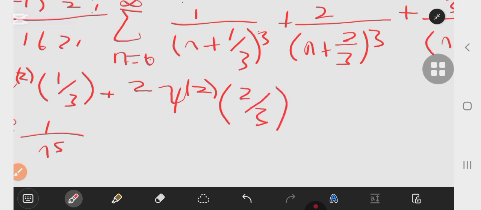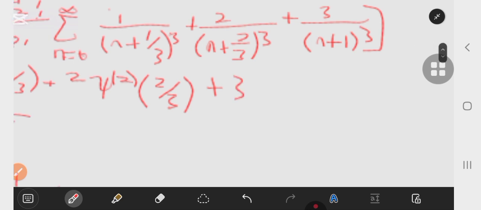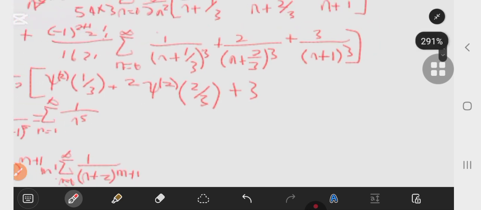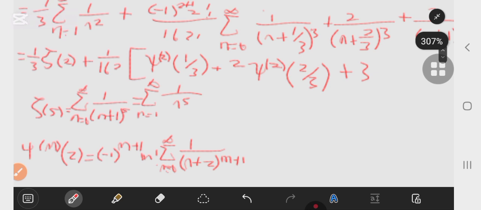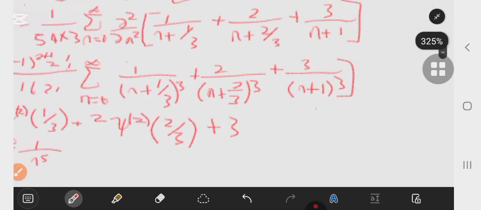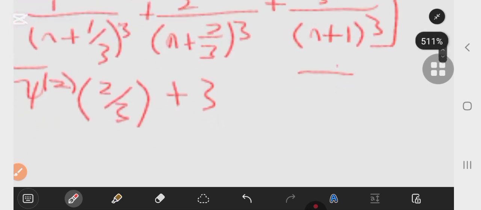Now plus 3. I'm not going to apply the Trigamma function here, I'll just go straight to the point. Remember that I defined the zeta function to be this, so this is exactly the same as what I'm having here with respect to the sum. So I'll just have 3 zeta 3.